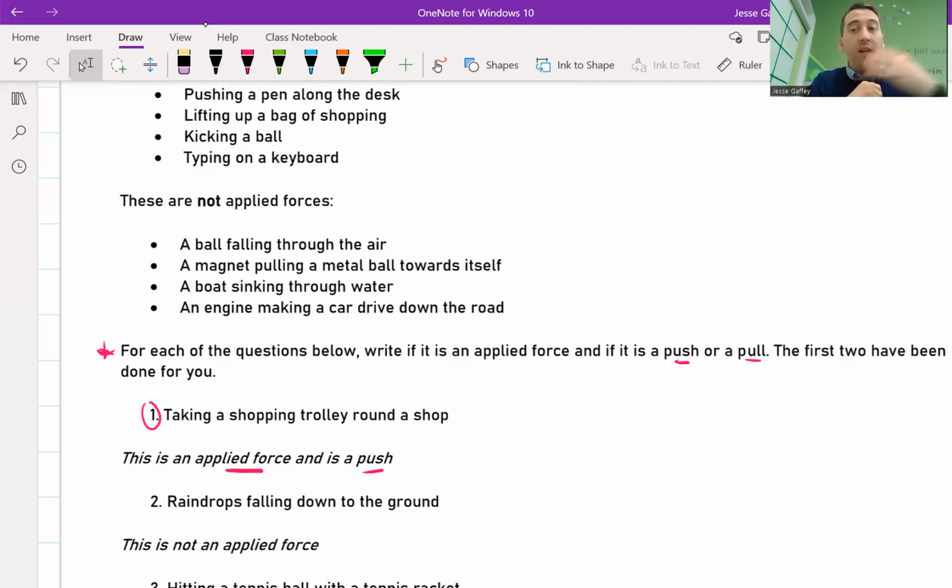No. It's kind of like the person falling from the plane. The raindrops don't need to be touching earth for them to be pulled down. So this is a non-applied force. You see, this is not an applied force, is what we've written here. However, that's not the end of the sentence. I want to know, is it a push or a pull? So we're going to finish that here, and it is a what?